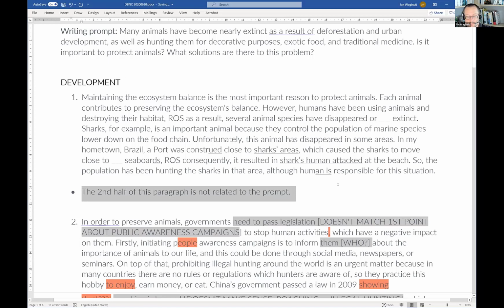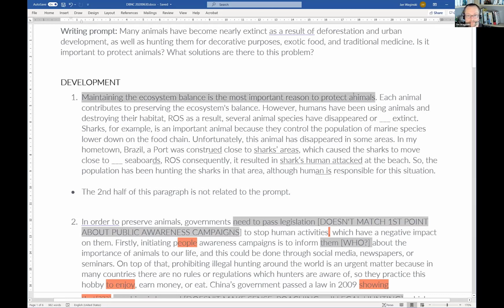You have to do your outline, and before you start turning your outline into paragraphs, you have to compare it to the prompt and make sure that it is 100% related to the prompt. So this paragraph is, maintaining the ecosystem balance is the most important reason to protect animals. So this is an answer to this question. Is it important to protect animals? So why? To maintain the ecosystem balance.